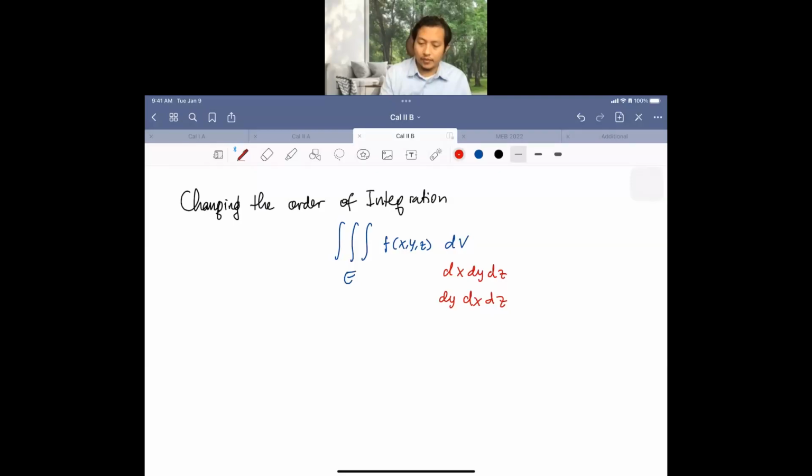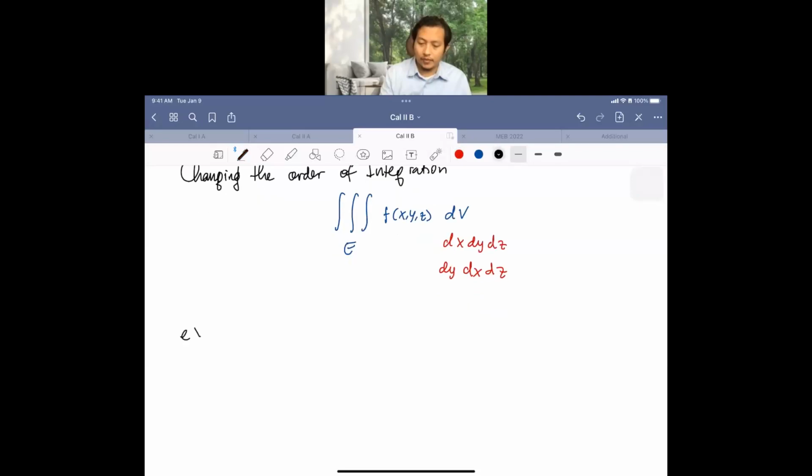For a double integral. But for this triple integral, there is a little bit more complex situation, because we are going to observe the three-dimensional space, right? So, for example, let's say I will just write directly the example.